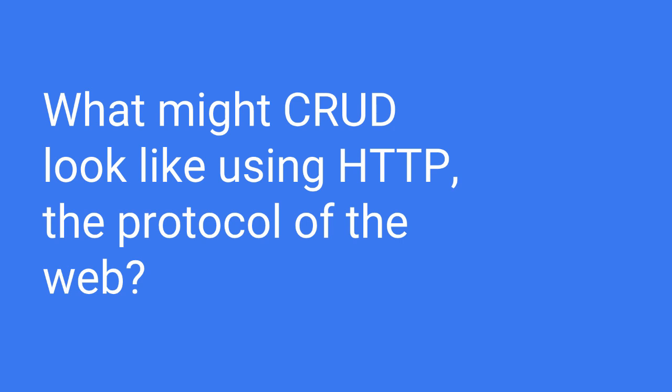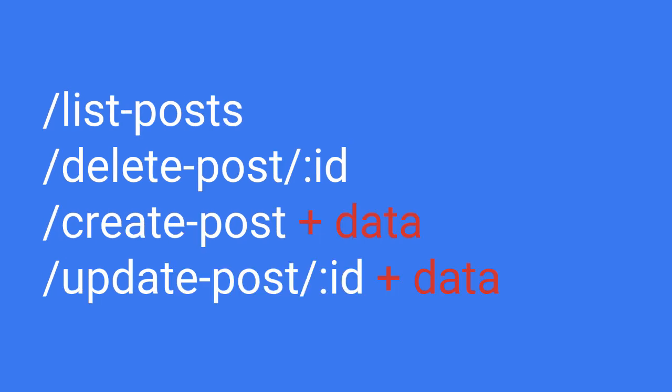Okay, so what might CRUD look like using HTTP, which is the protocol of the web? How would we perform CRUD operations, create, read, update, and delete, using HTTP? One approach would be something like this. If we were talking about Facebook posts, we might have an endpoint called list posts, and it gives us a bunch of posts.